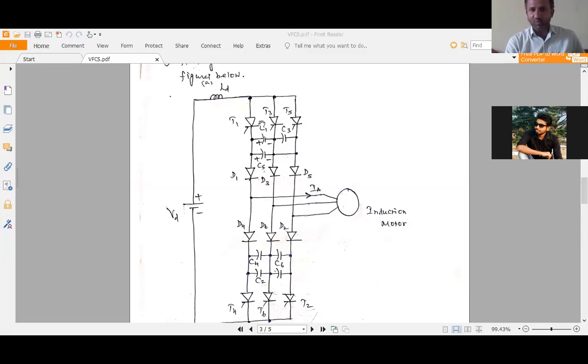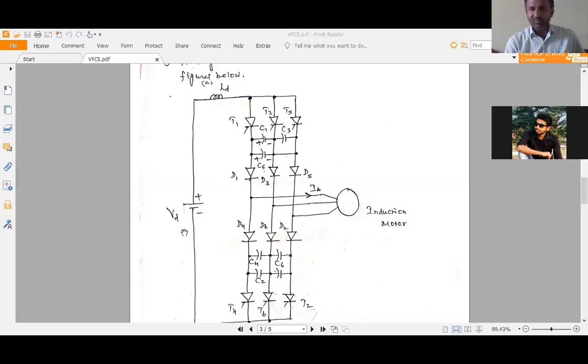Here T1, T3, T5, T4, T6 and T2, six thyristors, and similarly six diodes, D1, D3, D5, D4, D6 and D2. Six thyristors, six diodes and six capacitors are used to obtain the current source from the inverter. That phase current, denoted as IA, is fed to the input of the induction motor.